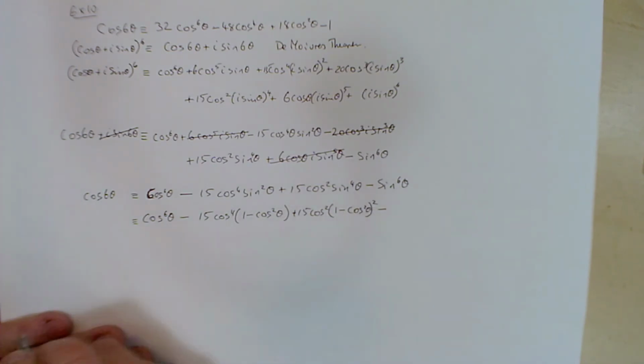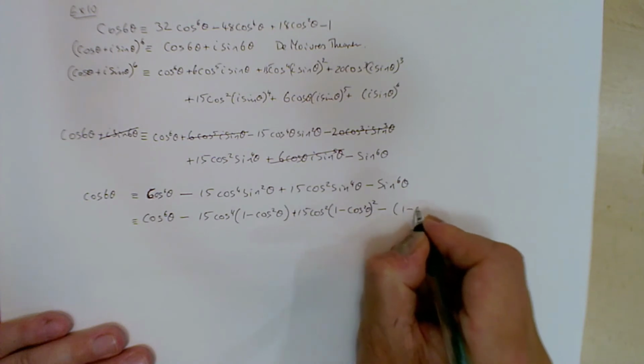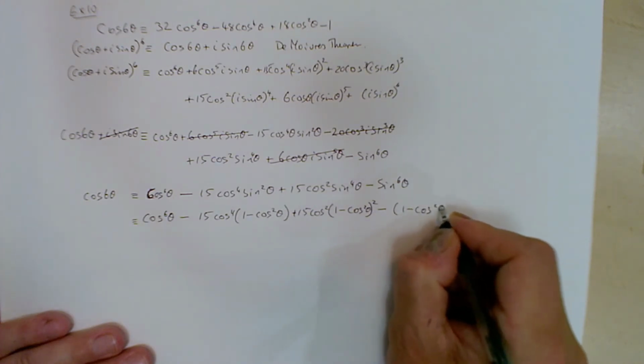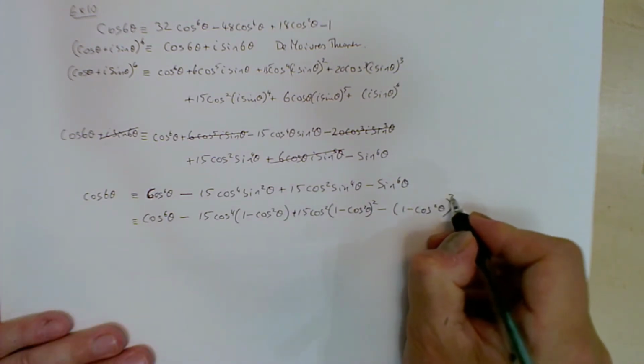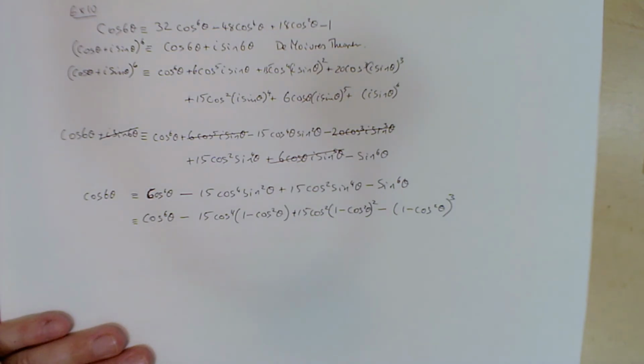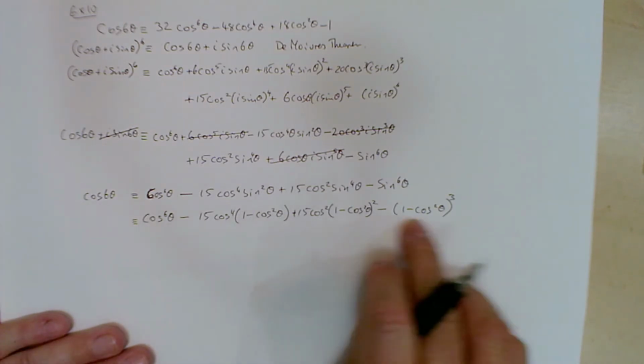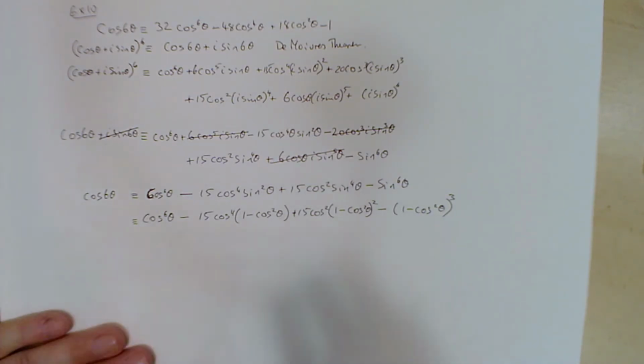And finally, well, (1 minus cos squared theta) to the power of 3. Yeah, because sine squared to the power of 3 is sine to the 6, so 1 minus cos squared to the power of 3 is the same.